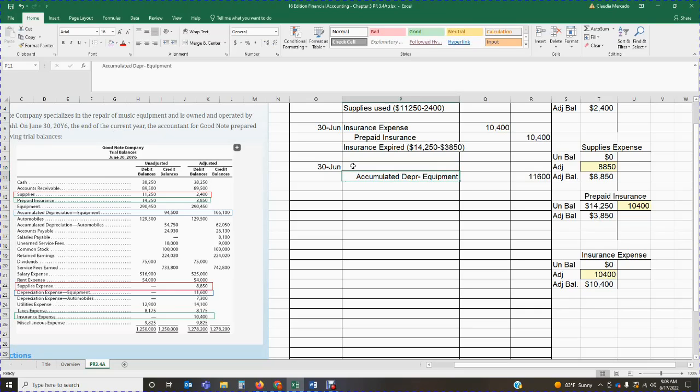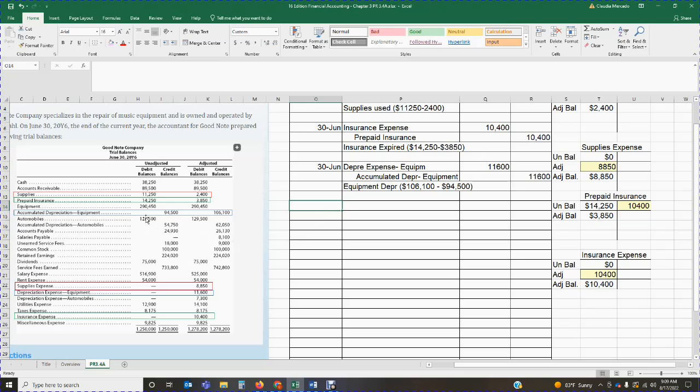So depreciation expense for the equipment got debited 11,600. That is the 106,100 ending balance minus the beginning balance of 94,500. That takes care of my depreciation for the equipment.